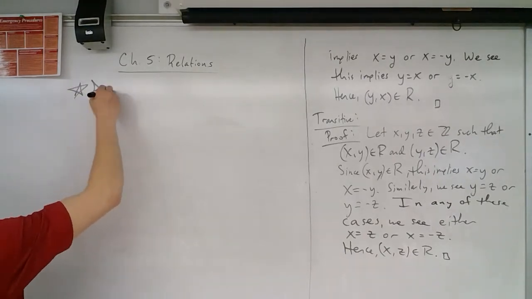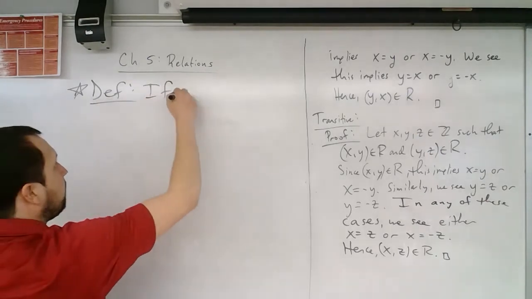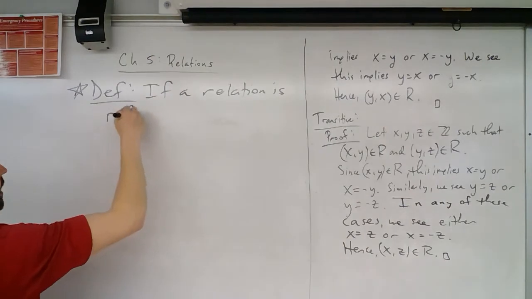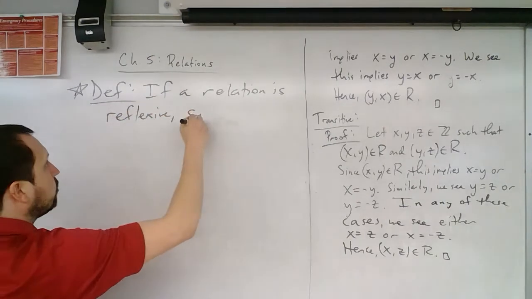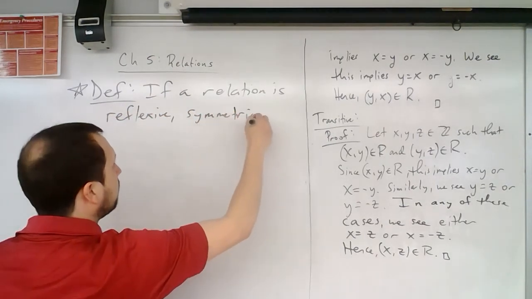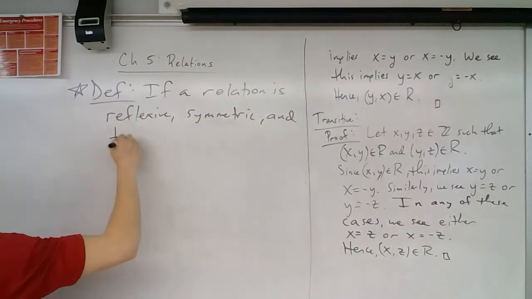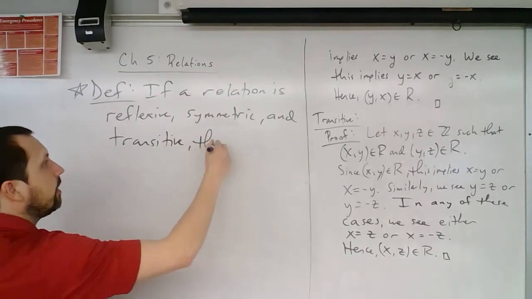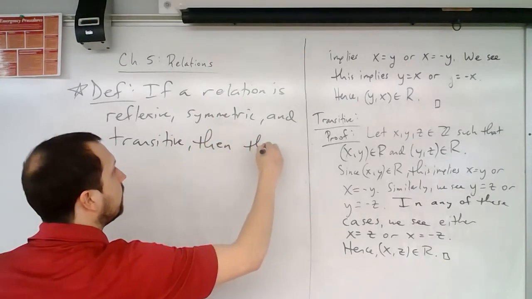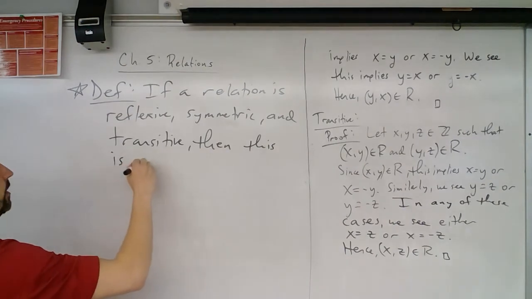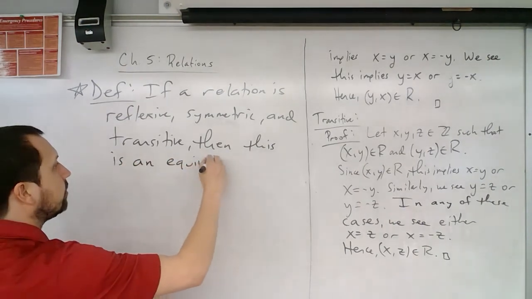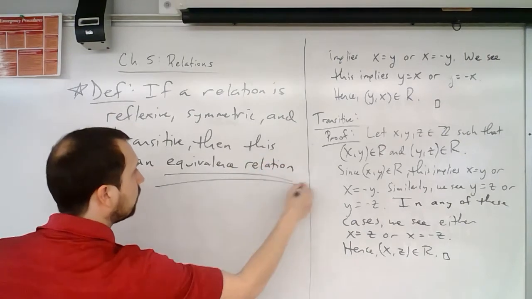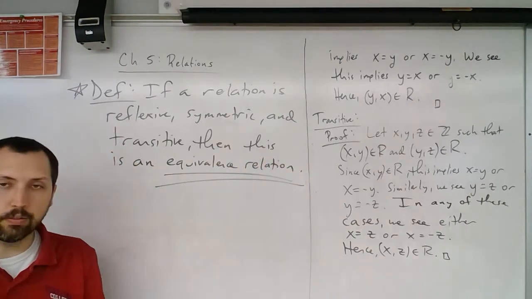So we have the following definition: if a relation is reflexive, it is also symmetric, and it is transitive, then this is an equivalence relation. So this is the definition of an equivalence relation.